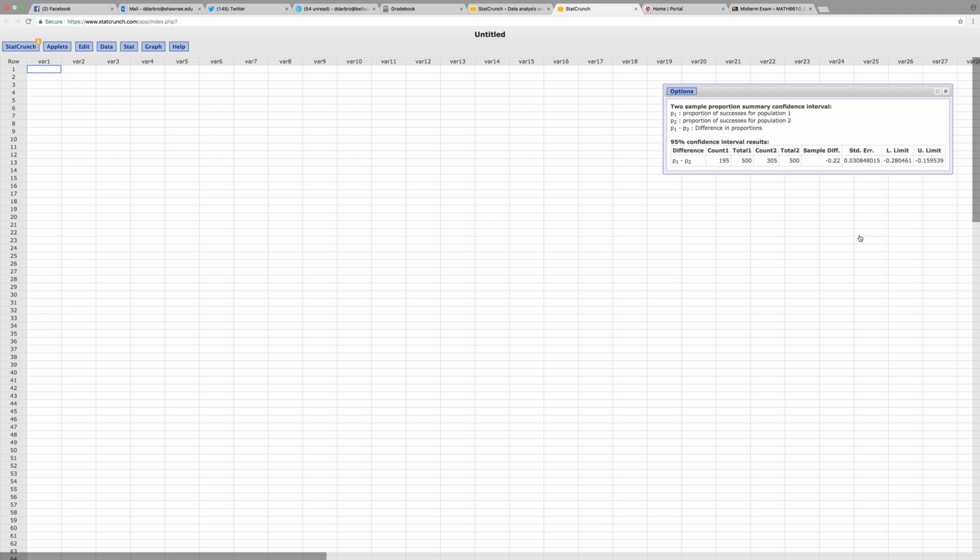StatCrunch is using the same standard error for the confidence interval as for the test statistic. Your textbook presents it differently, so guys, that's confusing.